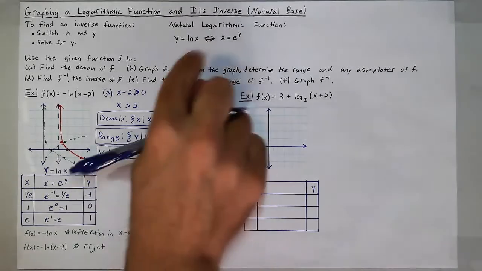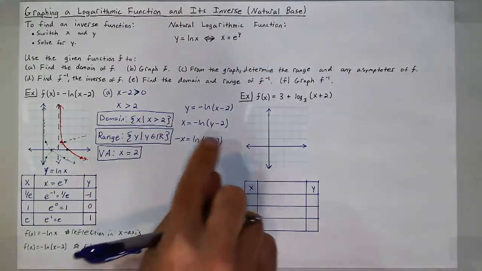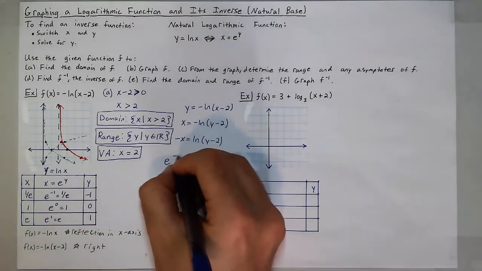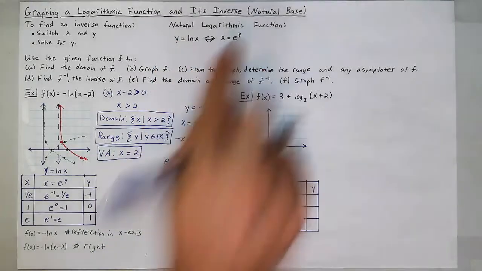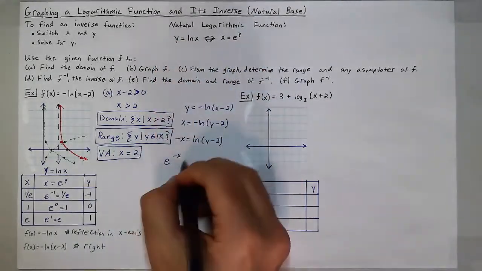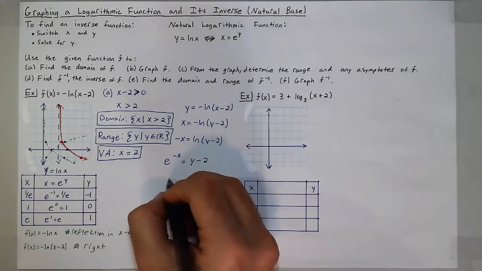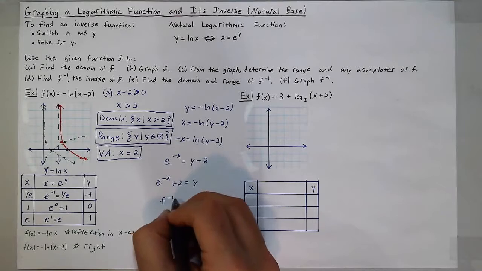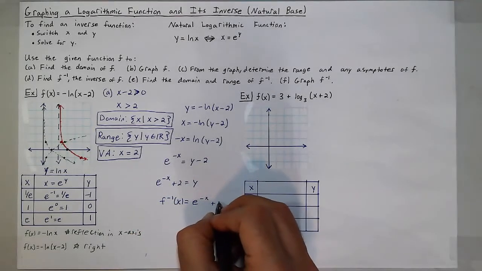And then I'll use this equivalent statement up here to rewrite this in exponential form to get the y out of the logarithm, giving me e to the negative x, because again, the log is equal to its exponent. So it'll be e to the negative x equal to the inside of the logarithm, y minus 2, giving me e to the negative x plus 2 is equal to y. So the inverse function, f inverse of x, is e to the negative x plus 2.